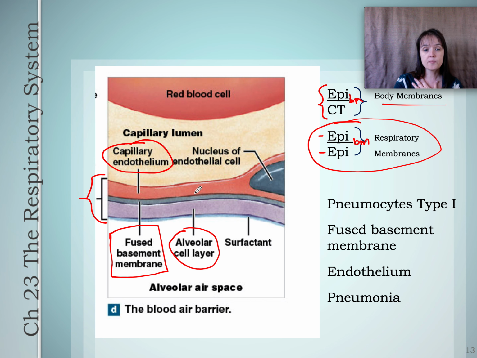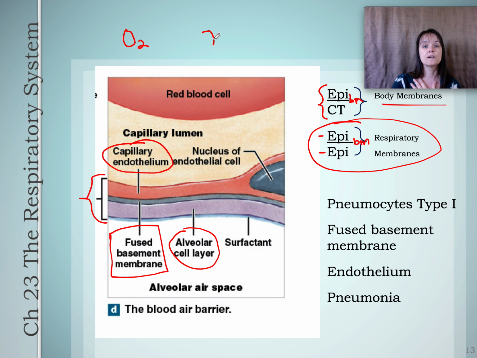So you have a simple squamous epithelium, one basement membrane, and a second simple squamous epithelium. And this is the least amount of tissue you can have to diffuse the gases across. The gases that we care about here are oxygen and carbon dioxide. As you know, when I say oxygen, I'm talking about oxygen molecules, not oxygen atoms.